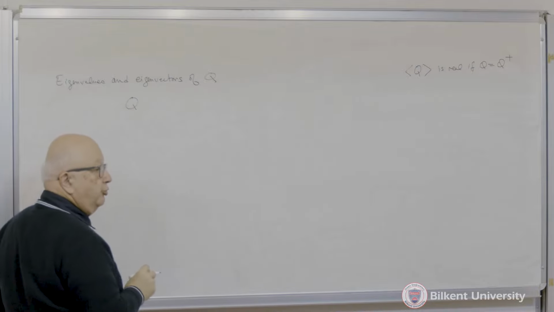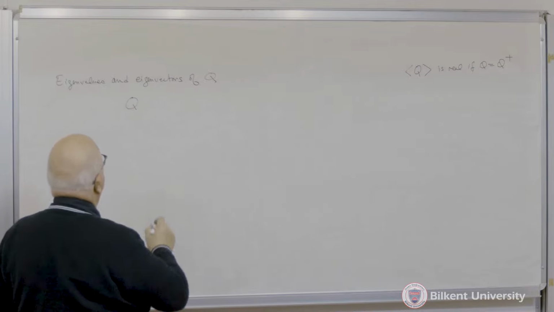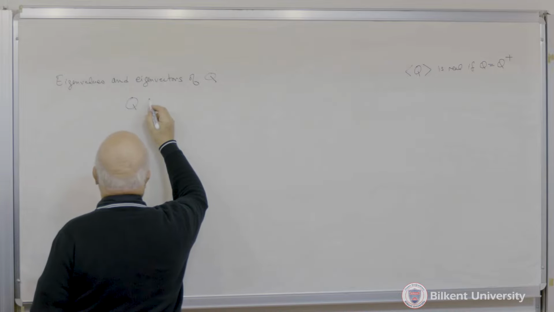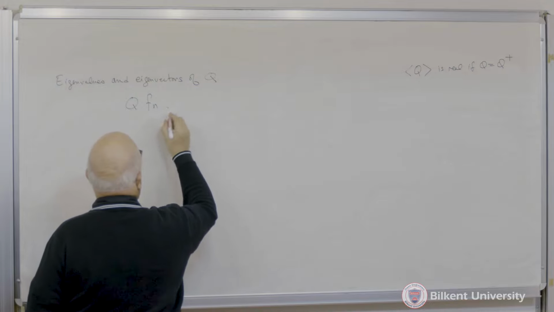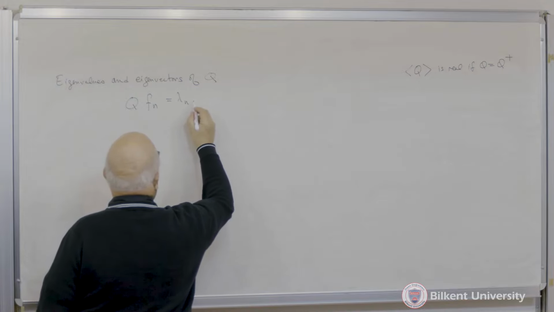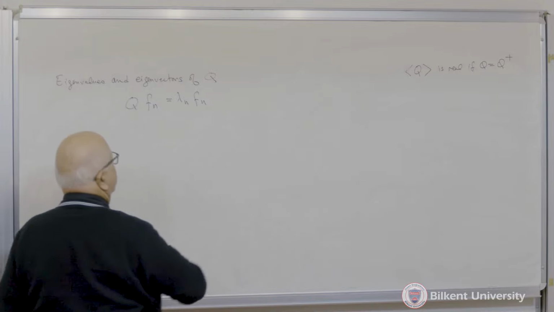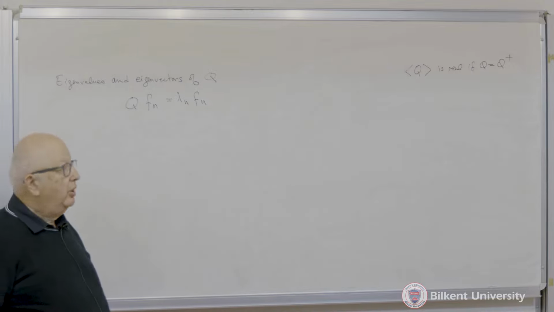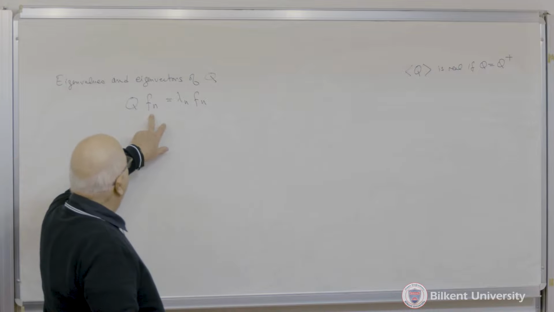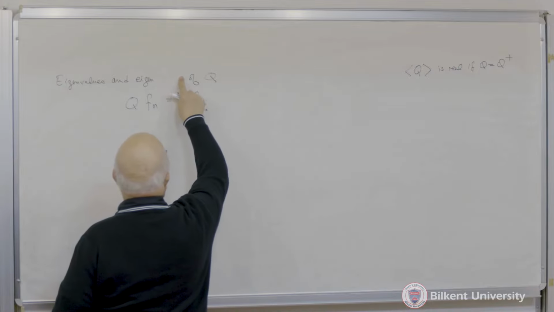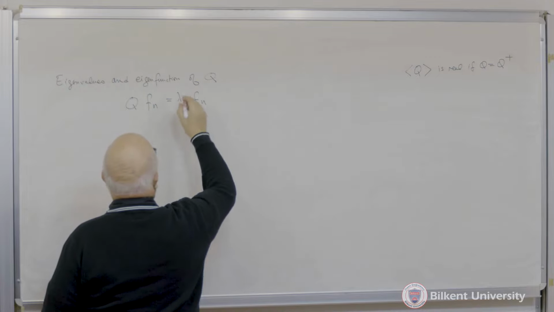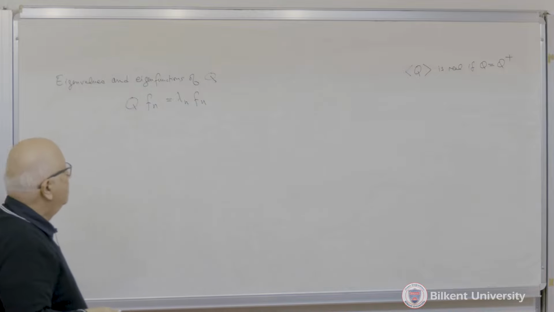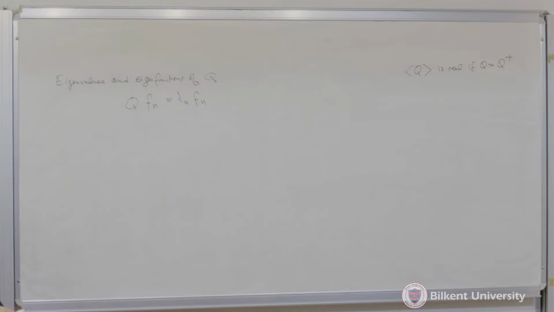If I have an operator Q, it's going to have a number of eigenvectors, let's call them Fn, and there are going to be corresponding eigenvalues. These are the eigenvectors. Maybe I should call them eigenfunctions. They are eigenvectors in some sense, which we'll see, but at this point it's better to call them eigenfunctions.